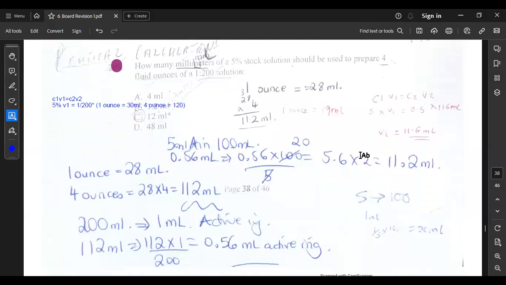The C2 will be 0.5, not 1 gram. 0.5 in 100 ml. And then the 4 ounce, you multiply by 30, the way it has said. So it will be 30 times 4. You get 120, right? So it will be 0.5 times 120. Is it 120?